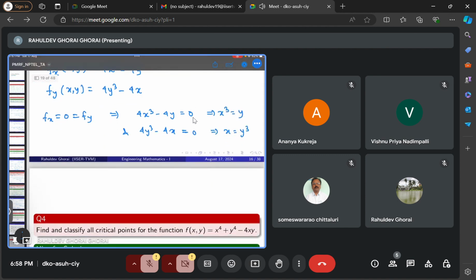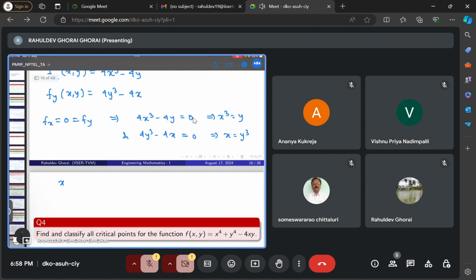Now, x cube equals y and x equals y cube, what does that give? So x cube equals y gives y cube to the power cube is equal to y, because x equals y cube, and we are using these two from 1 only. So that gives you y to the power 9 is equal to y, right?